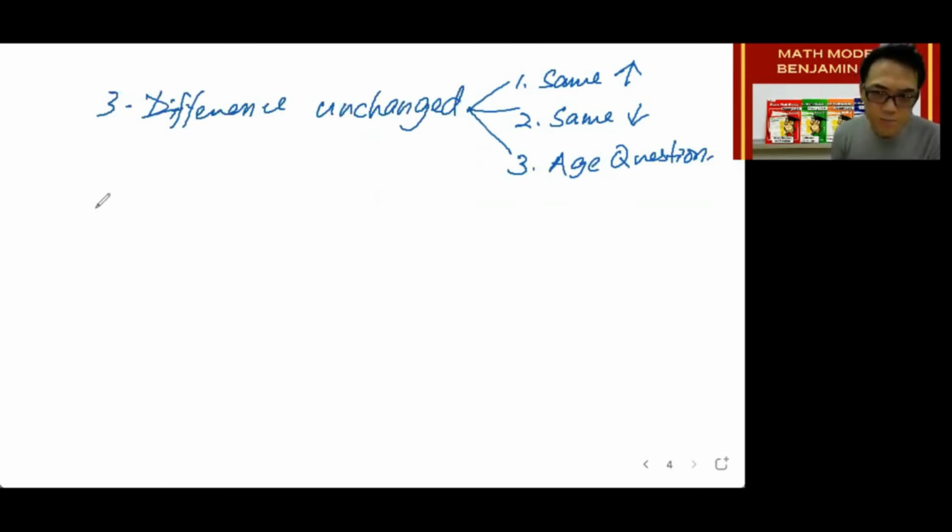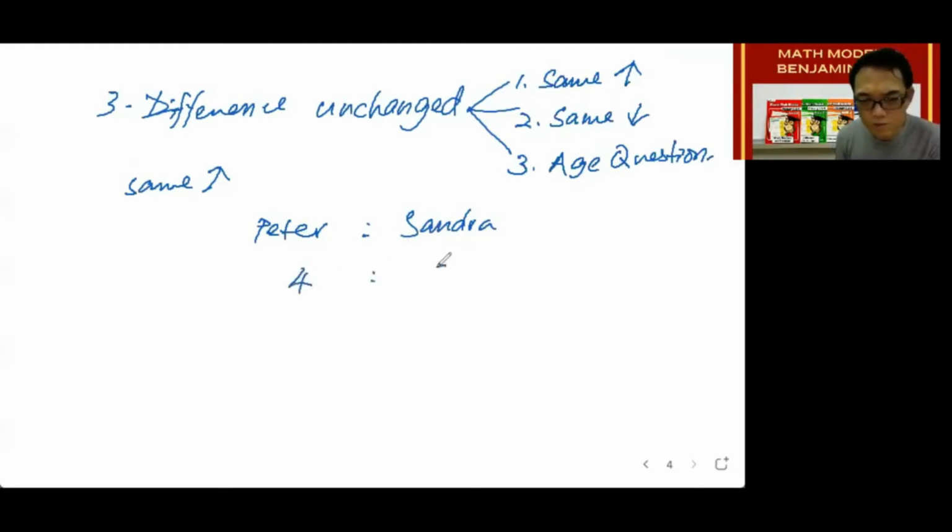The first one, same increase, will look something like this. There are two children. Let's call them Peter and Sandra. And they are brothers and sisters. And they have a ratio of a certain amount, let's say 4 is to 5.